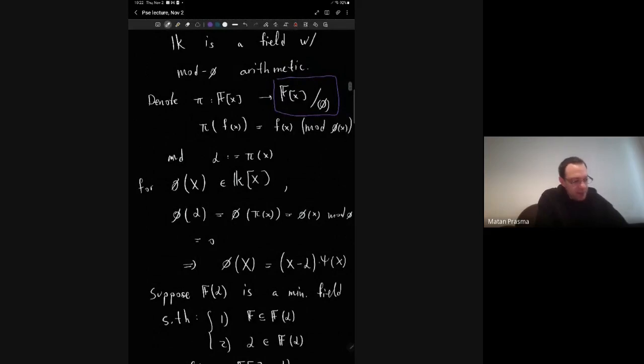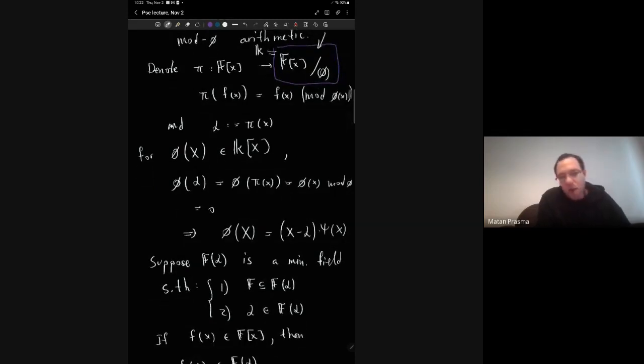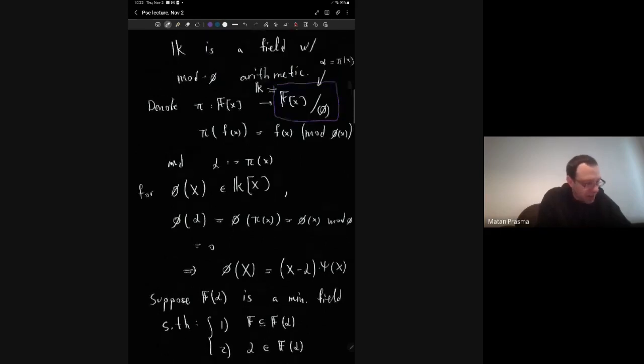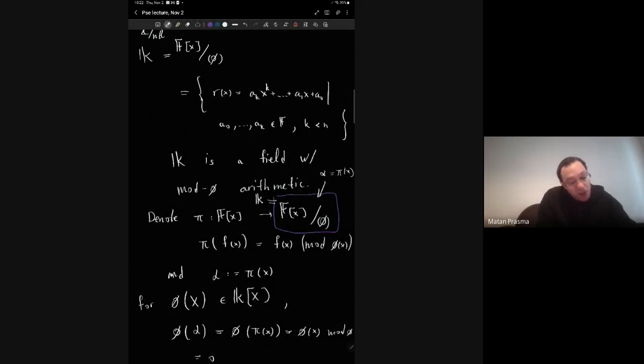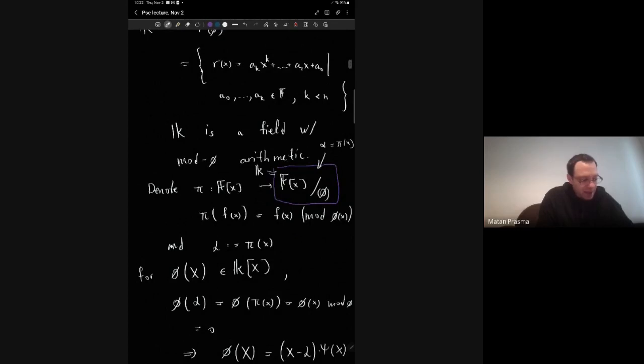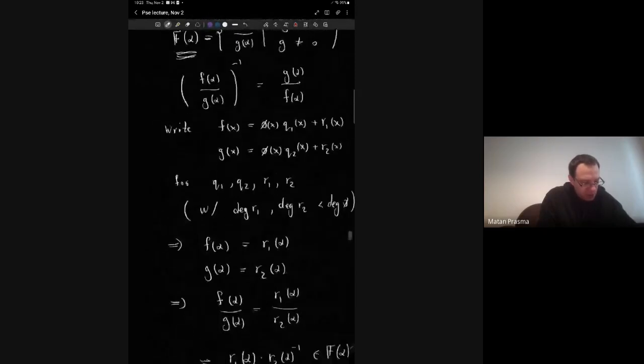Alpha is simply an element in this field, which is X. If you think of this field K as the set of remainder polynomials, then alpha is simply the remainder polynomial X. So r1 of alpha is the same as what we denoted in K as r1 of X. And of course, K already contains inverses to every remainder polynomial R of X.